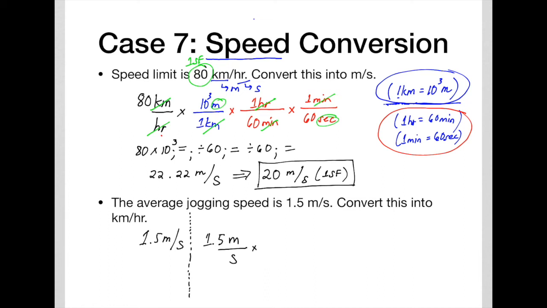And then times, so my goal here is to simply convert meter into kilometer. And therefore, I'll use red ink. And that is 10 raised to 3 meter, 1 kilometer, based on my conversion factor. And then I'll use red ink for the time.